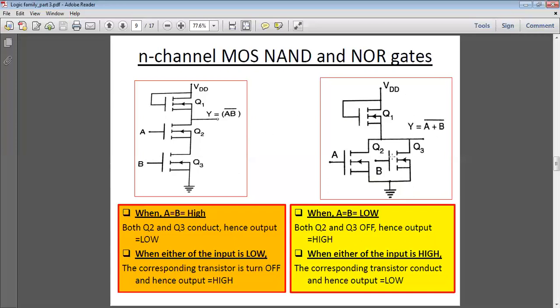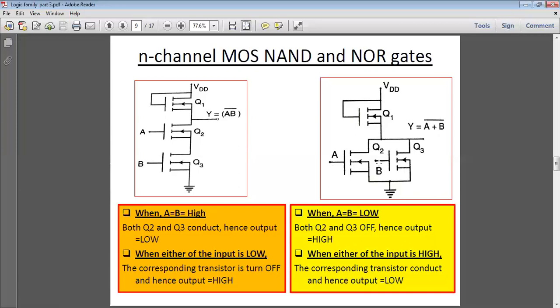The right-hand circuit acts as a NOR. Here transistors Q2 and Q3 are connected in parallel, and Q1 acts as a load. When A and B are both low, Q2 and Q3 are in the off state. So at the output, we get VDD, that is high.